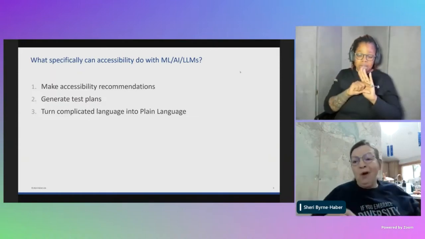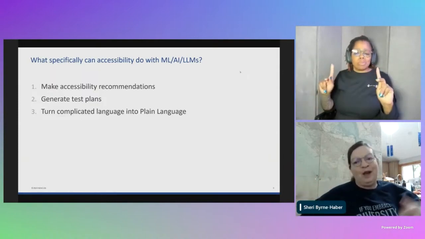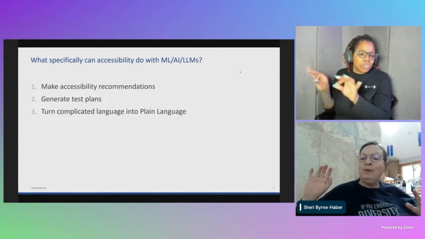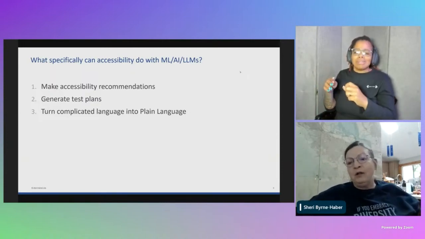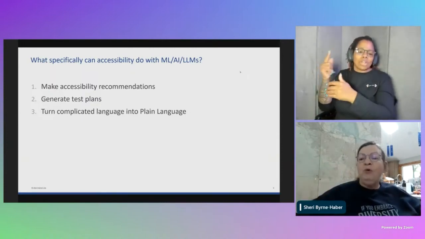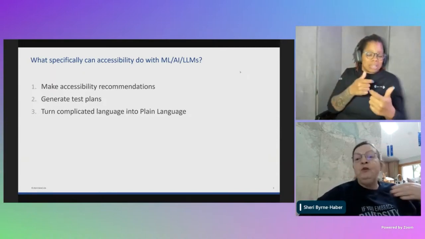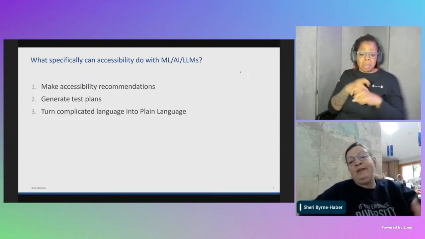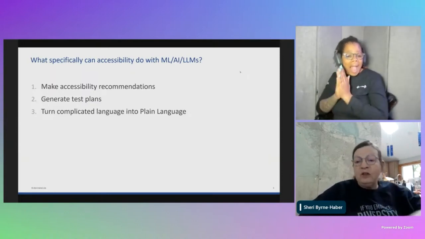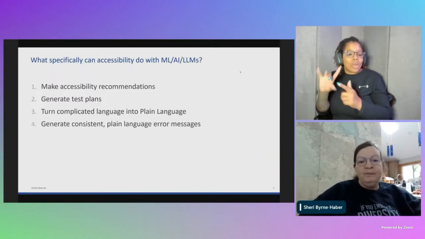If you know that your audience is all people with master's degrees in cybersecurity, let's say, for an example, then you can go up to 14th grade, which is the second year of college. But if you don't know your audience, 8th grade is really what you should be targeting. So you can take a paragraph that's complicated and say, write this at an 8th grade level, and the large language model will transform that for you.